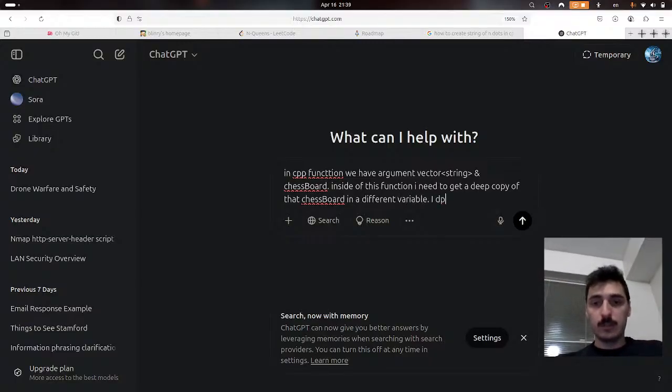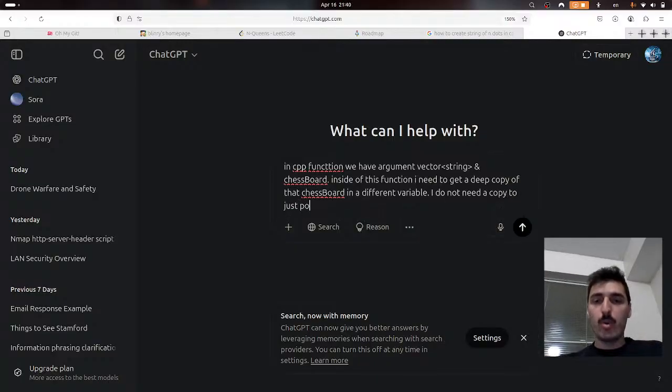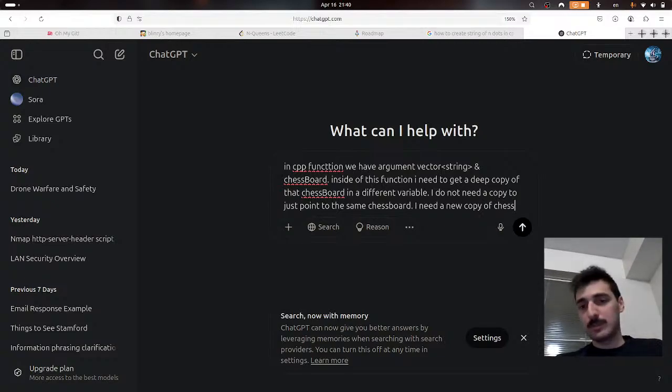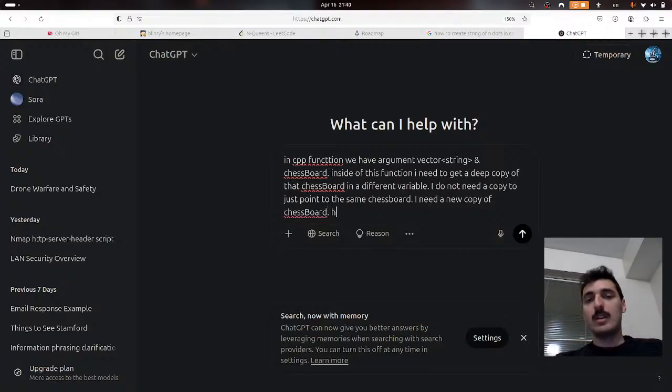I don't need a pointer copy. I don't need the copy to just point to the same chessboard. I need a new copy of chessboard. How to do that? Minimal code and explanation, please.